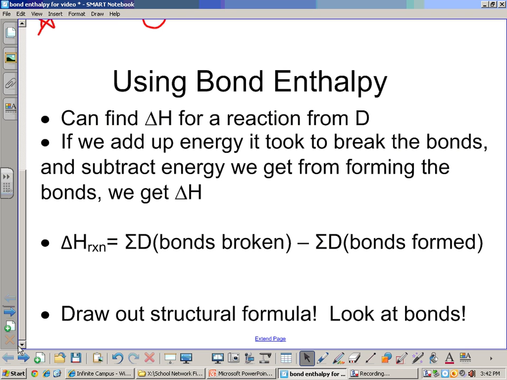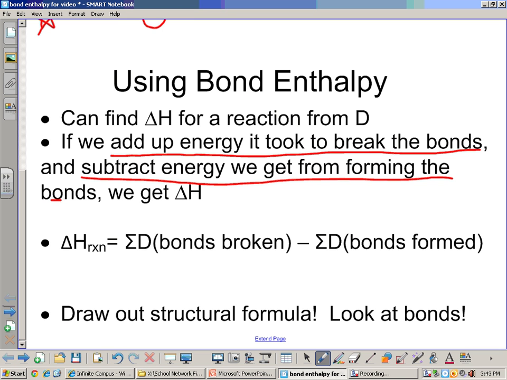Essentially, what we do to figure this out, we add up the energy it took to break the bonds that we're breaking. You look at your reaction and think, okay, what bonds in this reaction are we breaking? Add up those energies. Do the same for the bonds that we're forming. But because forming bonds is exothermic, we are going to subtract the energy we get from forming bonds.